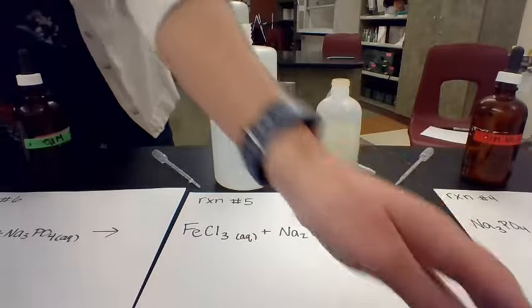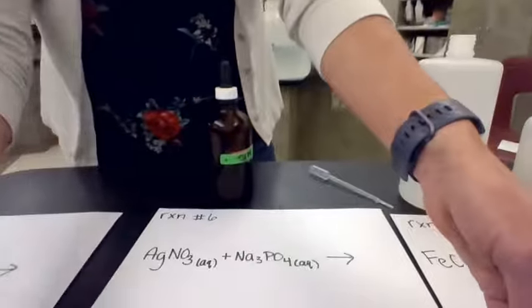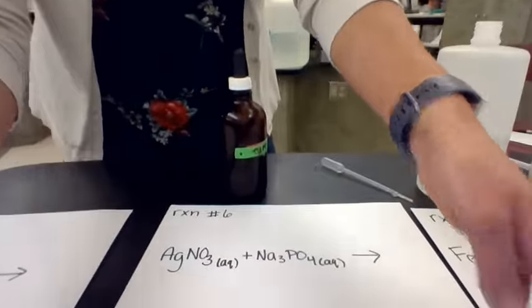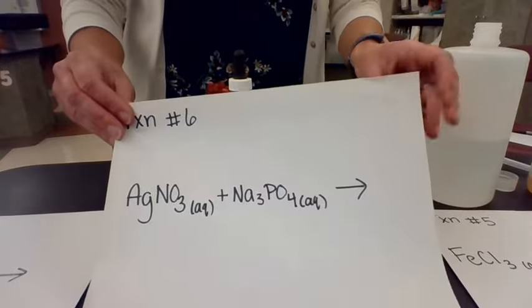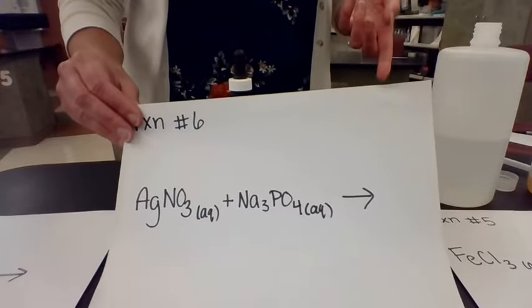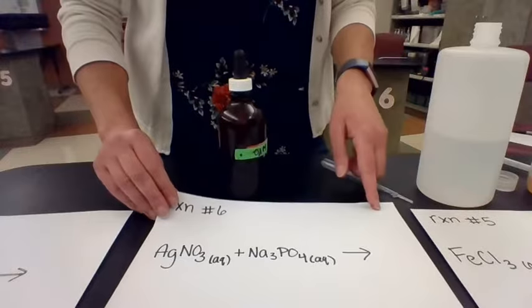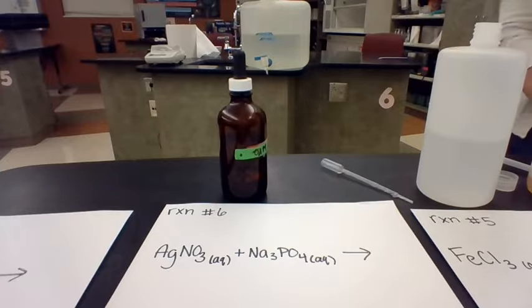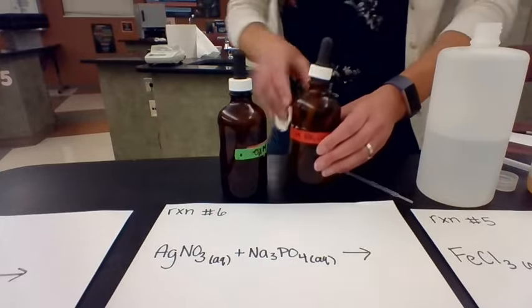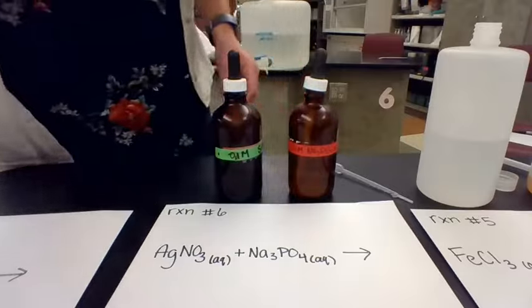Okay, now let's go down and look at one more, reaction 6. So this one is silver nitrate, which is a reactant we've used already, with sodium phosphate. So I'm going to run down and grab my sodium phosphate from another container. Here we go. Here's my sodium phosphate. And we're using this bottle here.